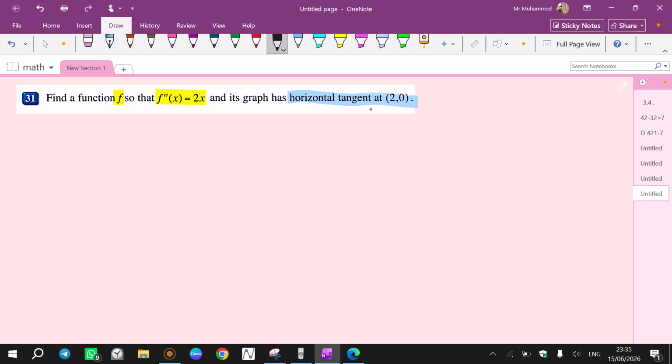Alright, horizontal tangent at a point is telling me slope equal to 0 when x is 2. And by slope, we mean f prime 2 equal to 0. F prime 2 is the slope of tangent at x equal to 2. And since the tangent is horizontal, the slope is 0.